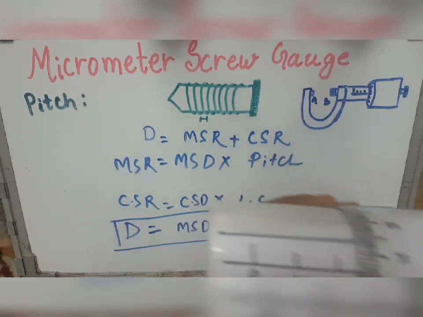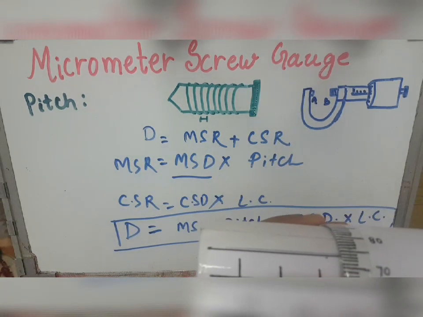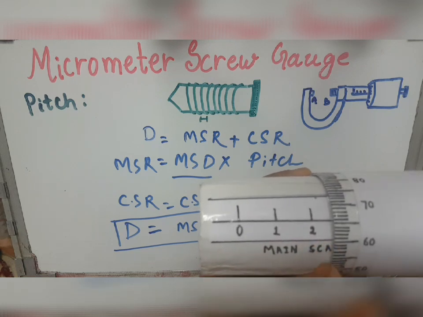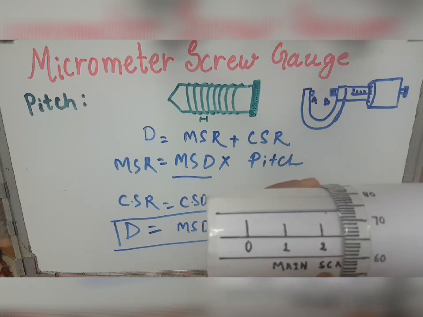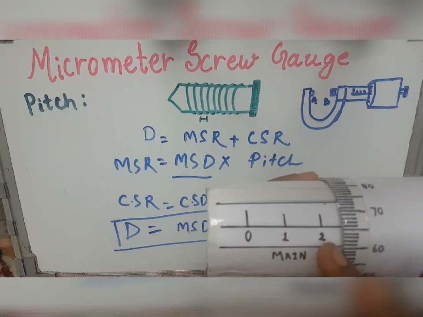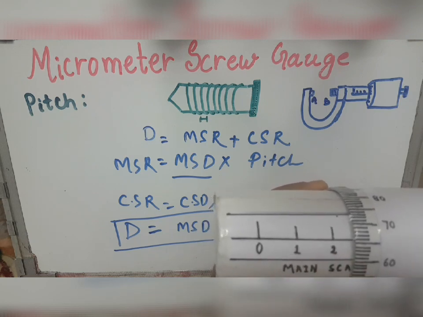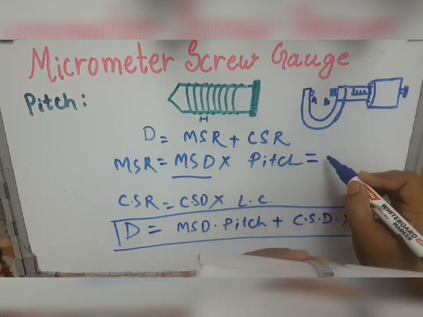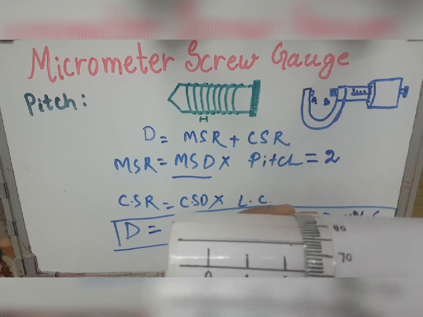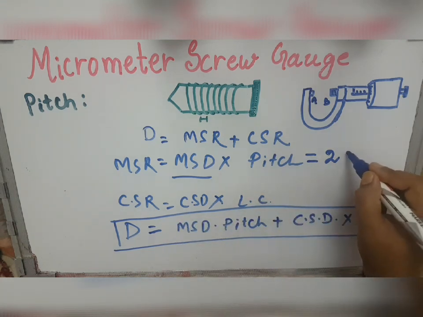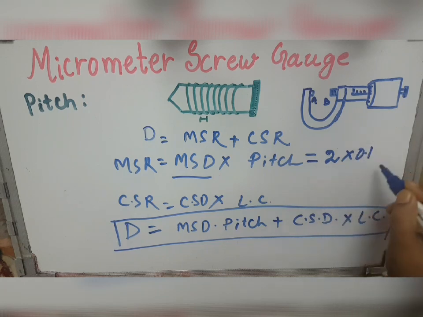Here the main scale division is the division of the main scale which is observable to you, that means here two divisions are observable to you, therefore the main scale division comes out to be 2, and we have calculated the pitch to be 0.1, which equals 0.2 centimeter.